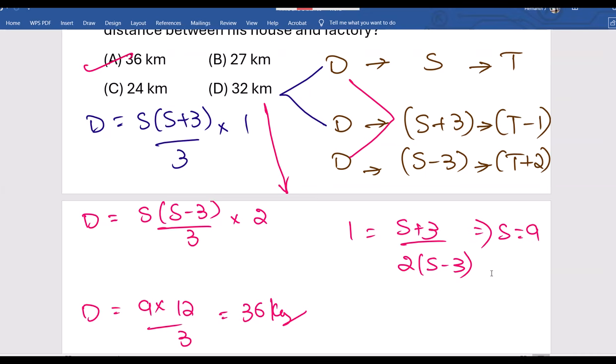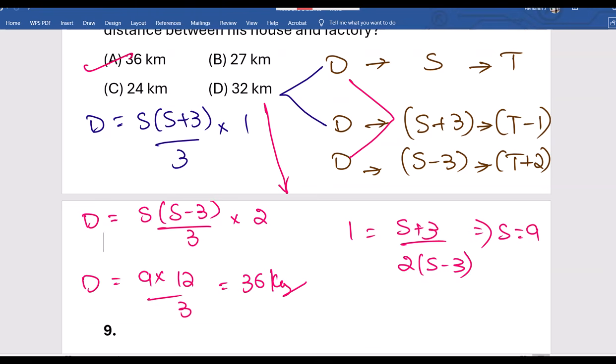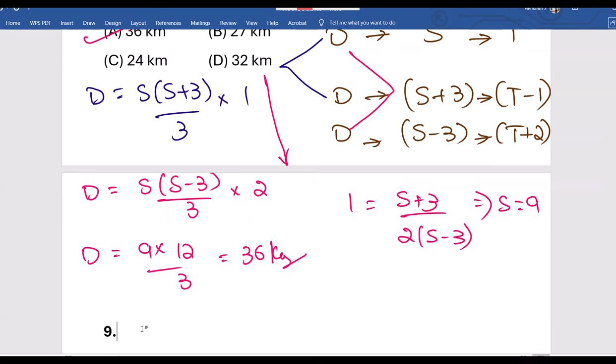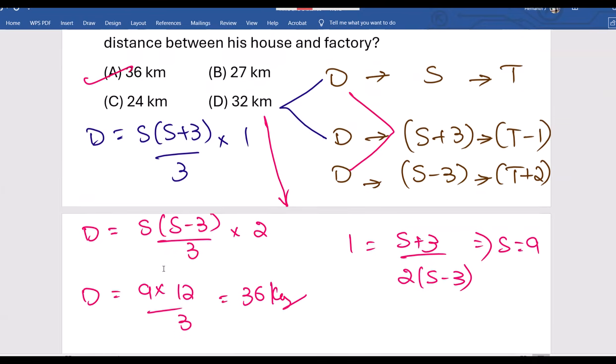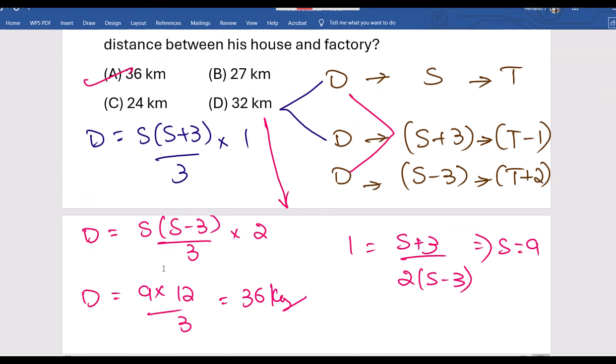What I did is apply that formula: product of speeds divided by difference between speeds into time gain, where time gain is nothing but the difference between the timings. Are you clear with this so far? Yes or no? Or else if you want another approach, we'll go ahead.